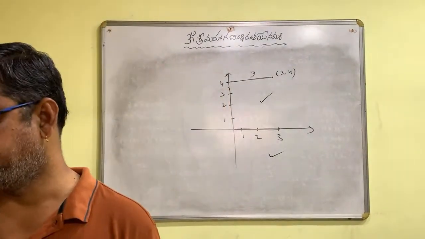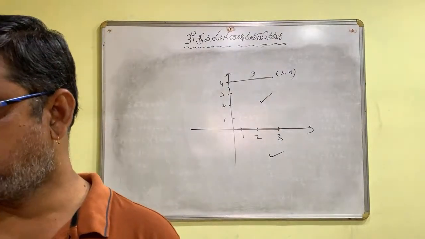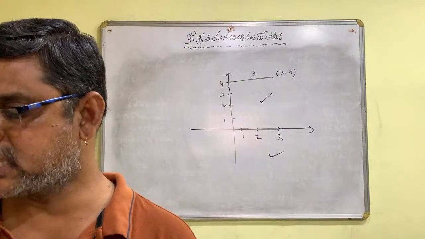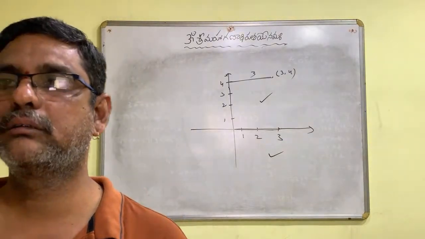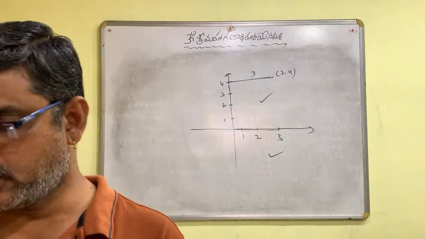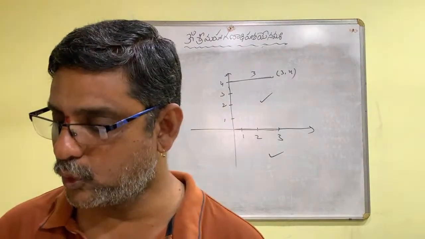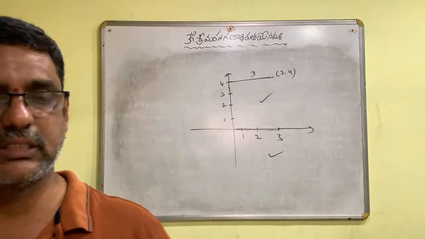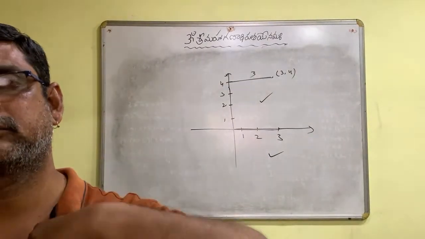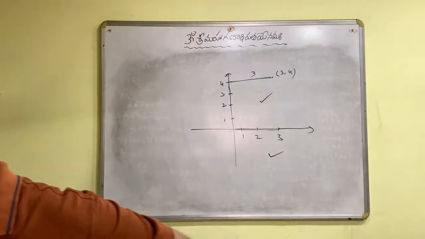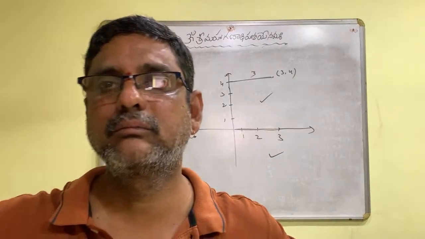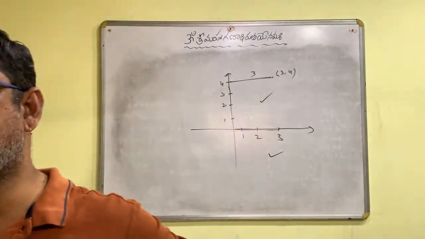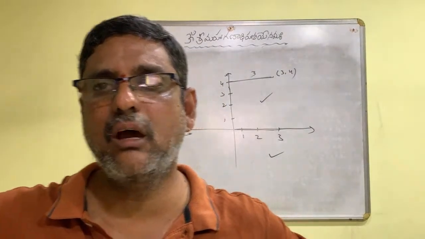Now, question number 18. The point whose ordinate is 3 and which lies on y-axis.